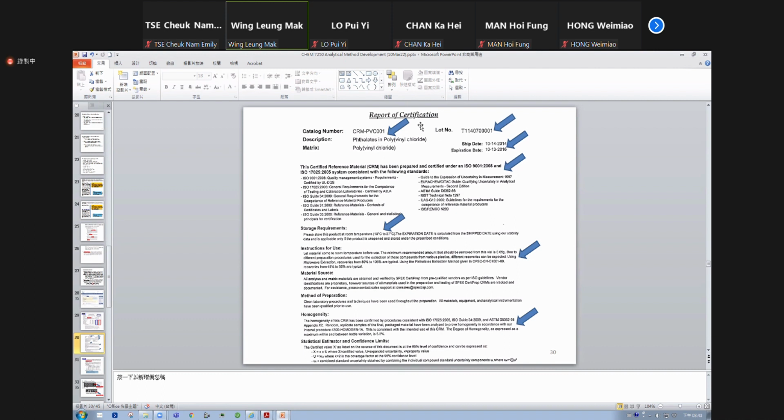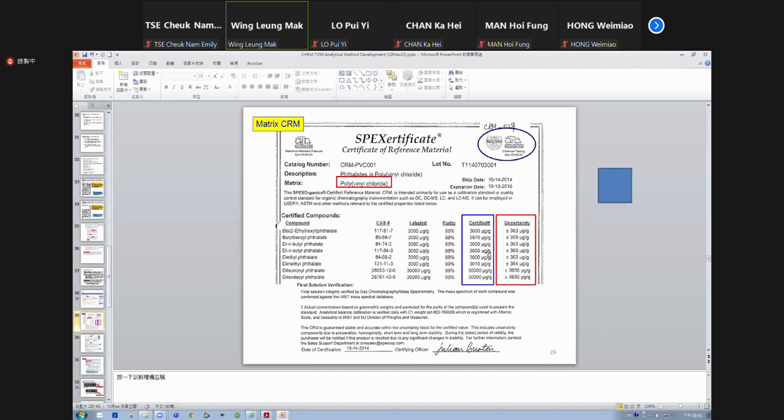When you receive the certificate, you need to know where it is, when it is manufactured, and the expiry date. After that day, it cannot be used. If you purchase the same batch, it should give the same result, as indicated in the certificate.